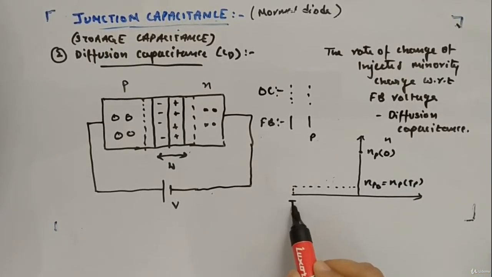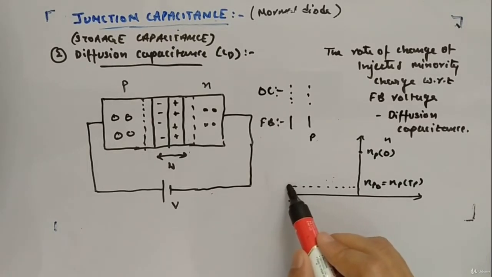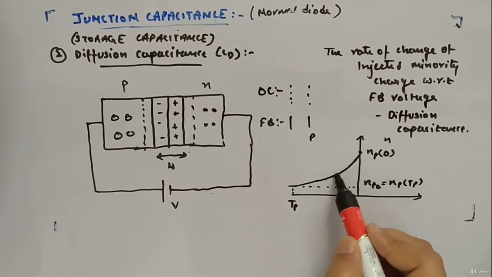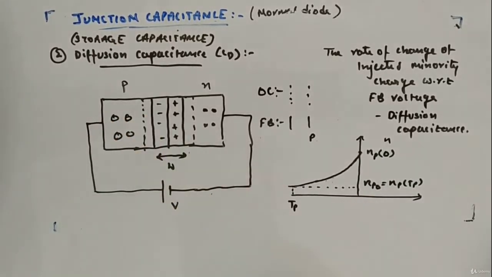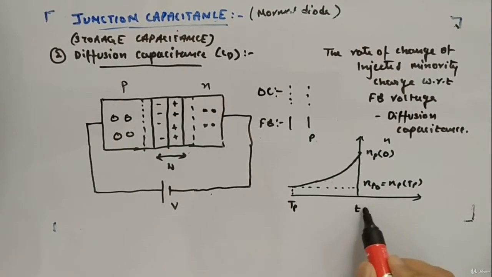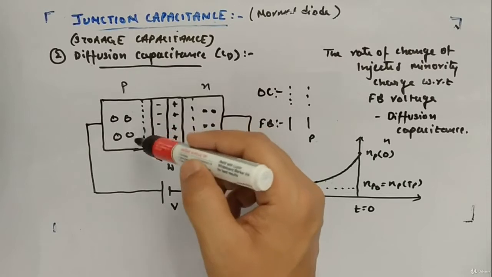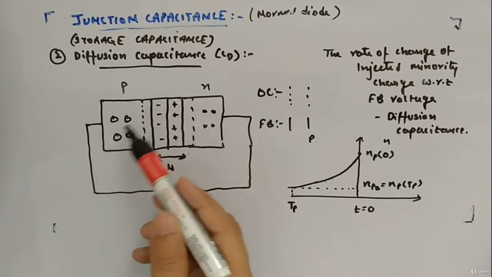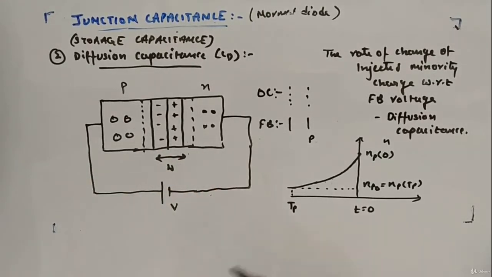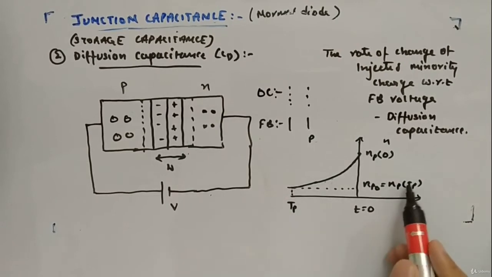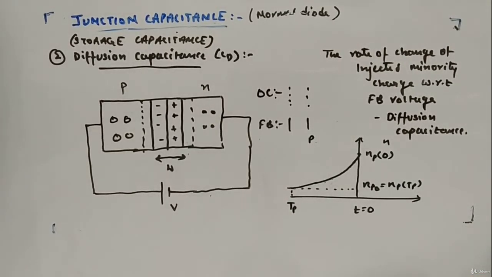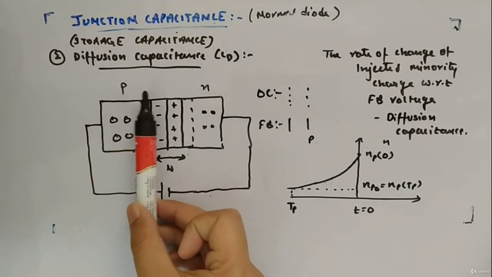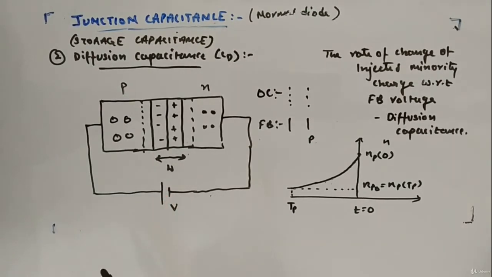Somewhere at Tp you have a concentration and it decreases with time. So this is for the P side, with respect to time only, starting at t equal to 0. You had too much minority concentration, it decreased because the positive terminal sucked the electrons towards itself, and at time Tp it decreased to the equilibrium value np0. That is how things are working, and here the width was this, so the width decreased and it becomes the solid line.